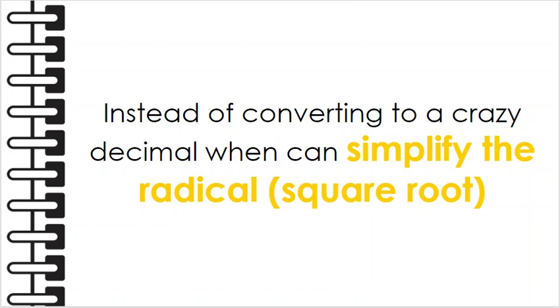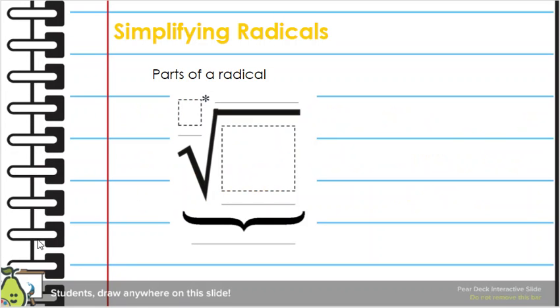Okay, so the parts of a radical: the number underneath the radical is called the radicand. This number here is called the index.